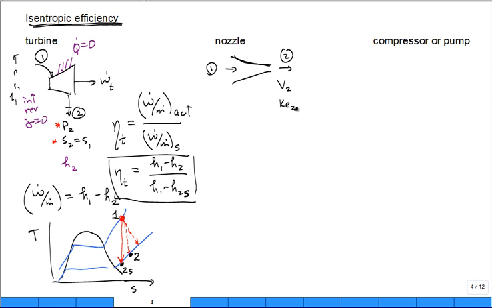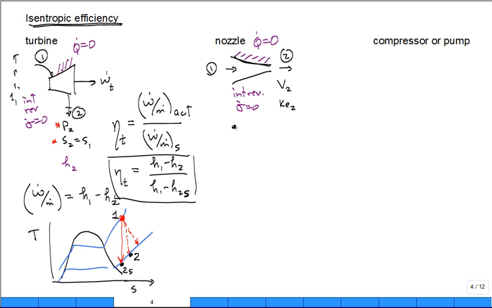All right? So if the nozzle is insulated, so Q dot's equal to 0, which is easy to do, an insulated nozzle, and it's internally reversible, such that sigma dot's equal to 0, then the highest speed and the highest kinetic energy will be when it's isentropic.